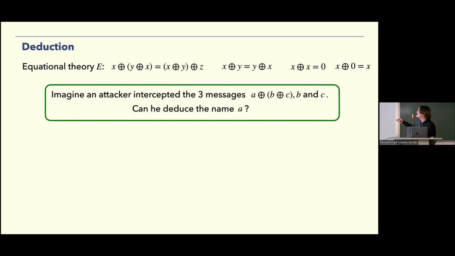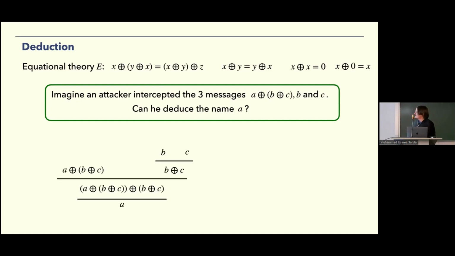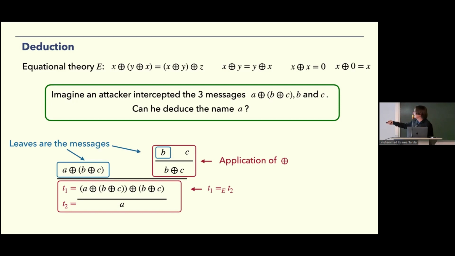And you would like, for example, to ask ProVerif whether or not the attacker is able to deduce A. Internally, the way it works formally is that you can think of it as a proof system where the leaves are the messages that he received.